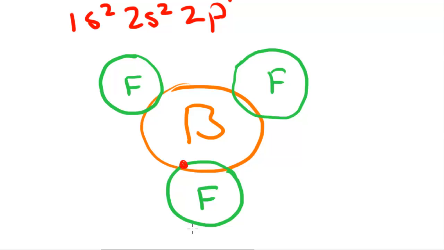I'll draw sulfur in olive, a yellowy light green, and the fluorine in green. And we've got 6 fluorine atoms actually bonded to this sulfur.